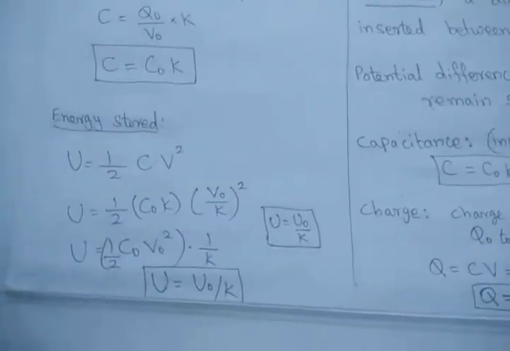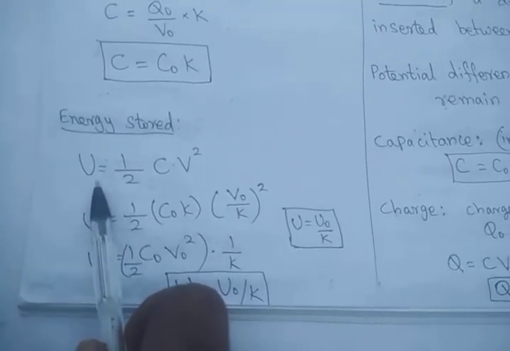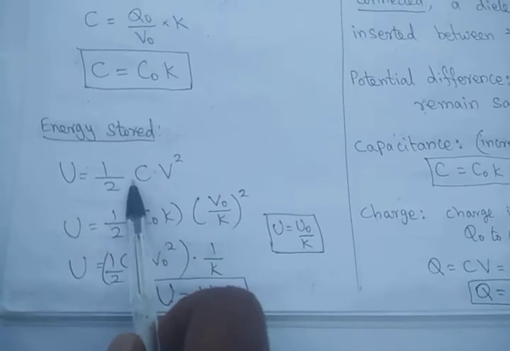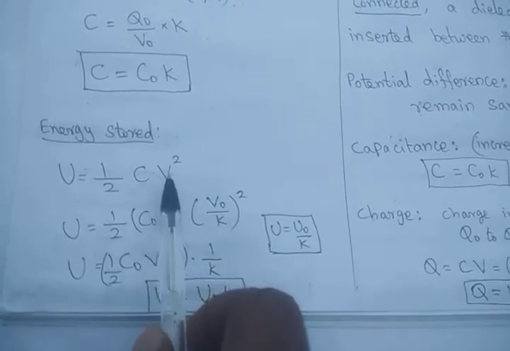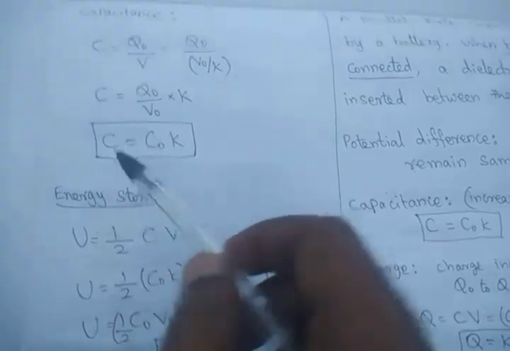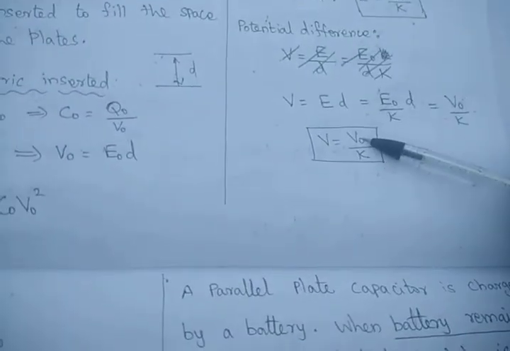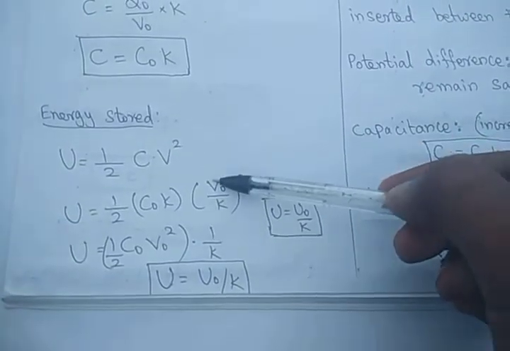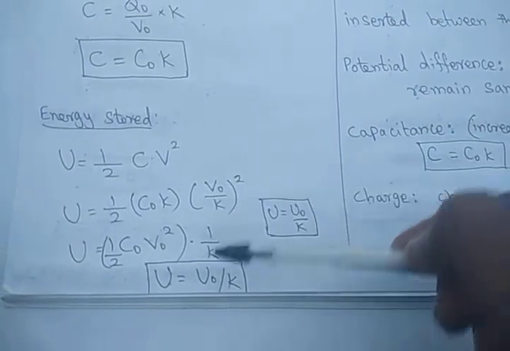So what about the change in energy stored? The energy stored formula is 1 by 2 C V squared. C is the capacitance after the dielectric slab is inserted, and V is the potential difference after the dielectric slab is inserted. Both equations we arrived at earlier. Just substitute C is equal to C0 K and V is equal to V0 by K, the whole squared. So what will happen?